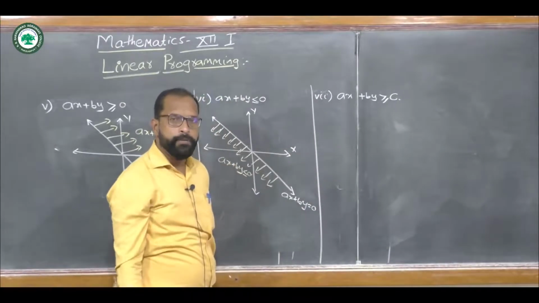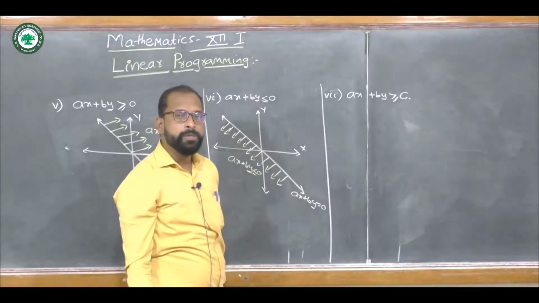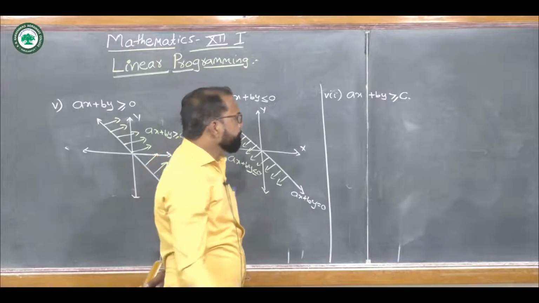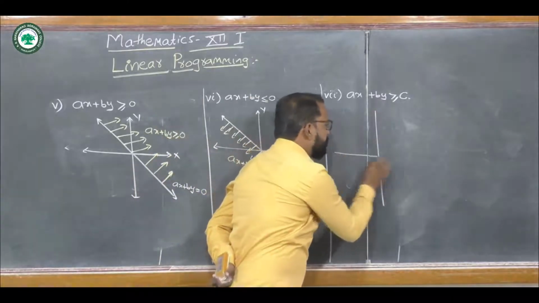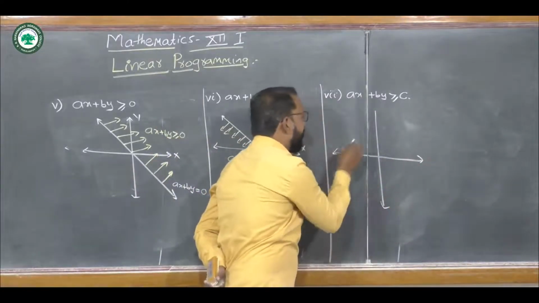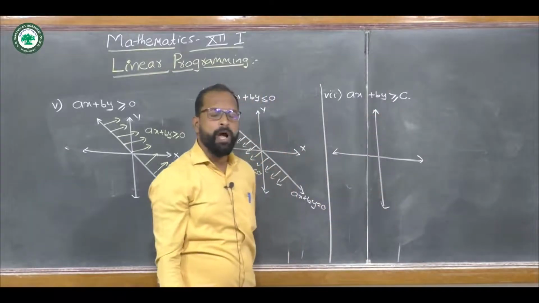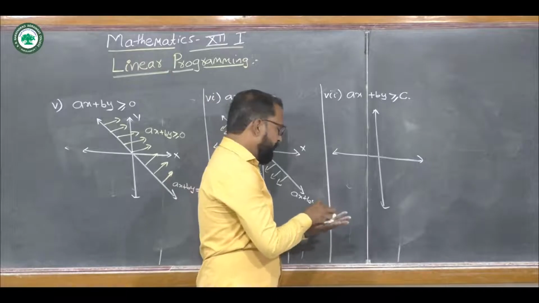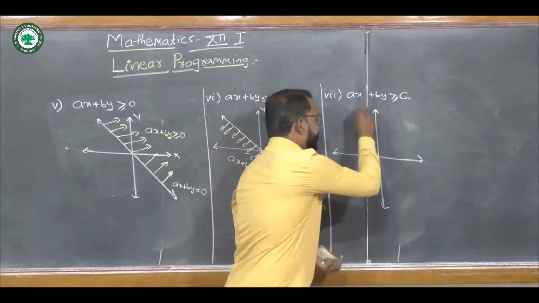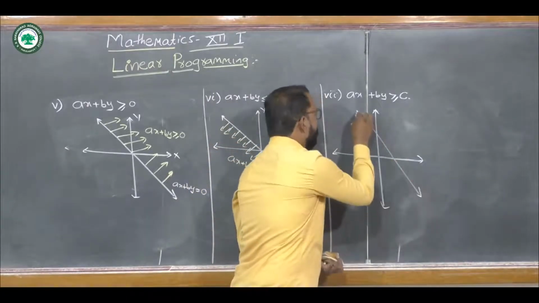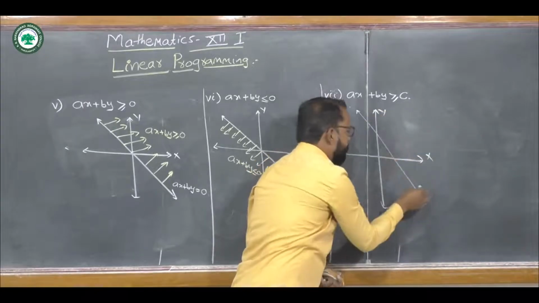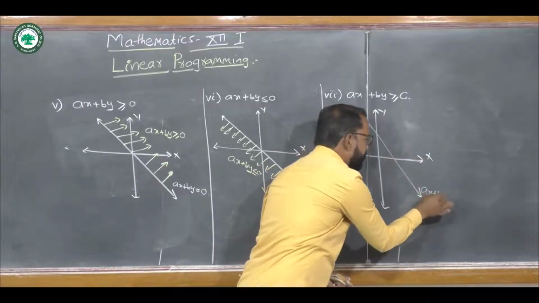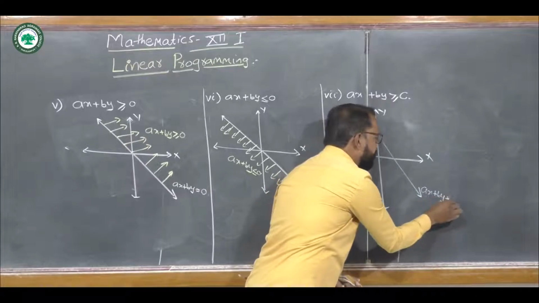Again, if we draw the graph for the line ax plus by equals c, the line is of the type like this. Suppose this is the line ax plus by equals c.